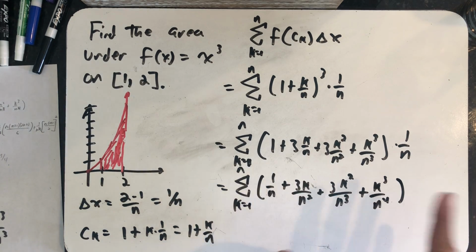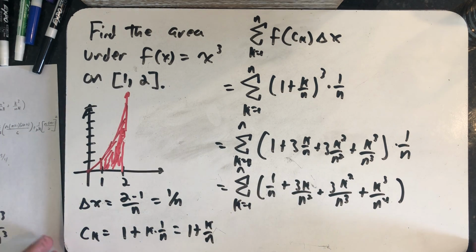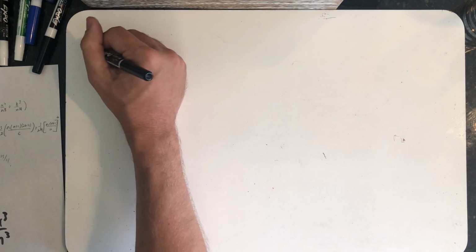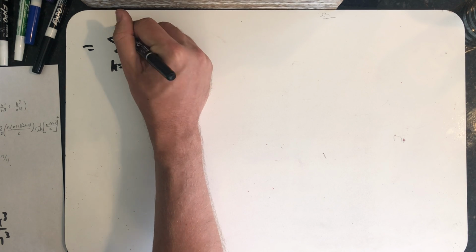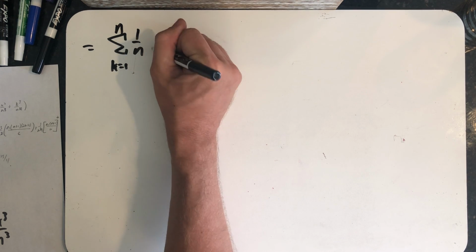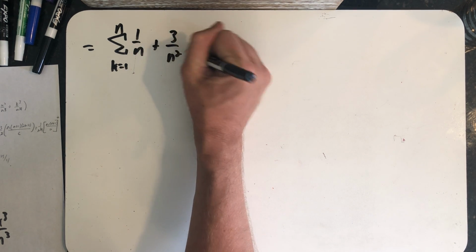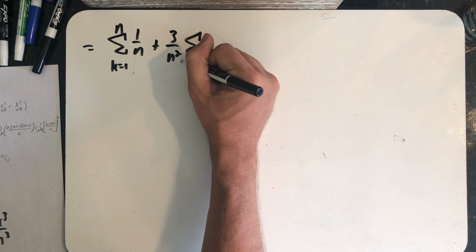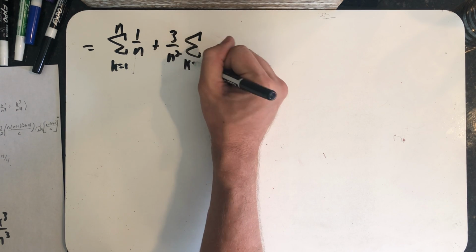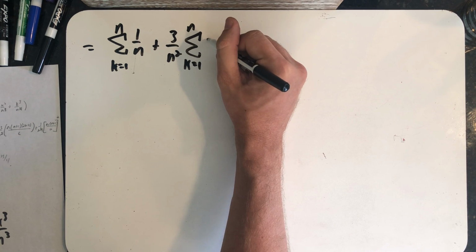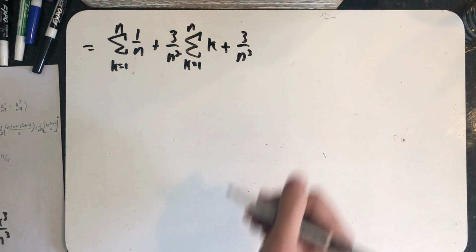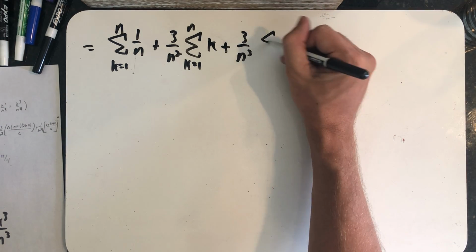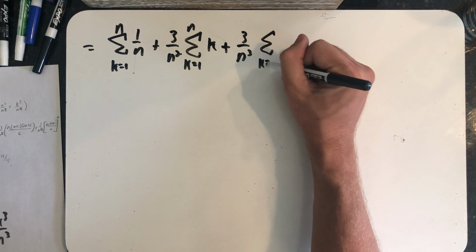I can see I'll have some constants I can pull out front. I'm going to do all of that in one step, just pulling the constants out front and rewriting this as the sum of sums.